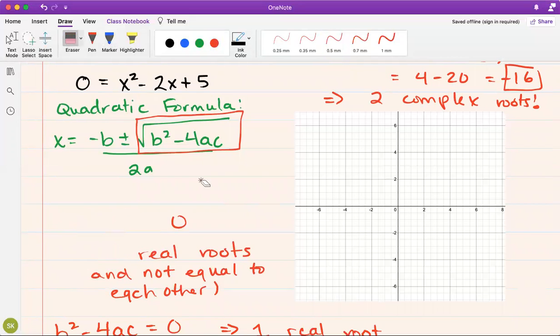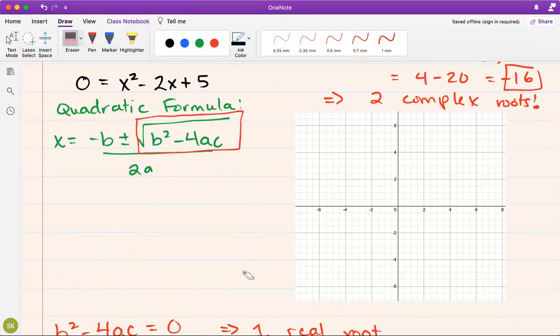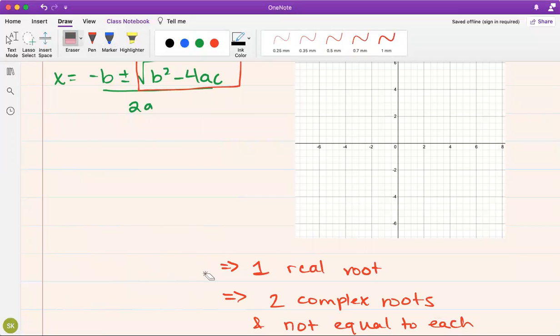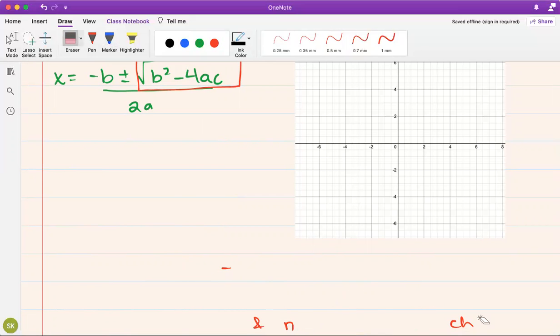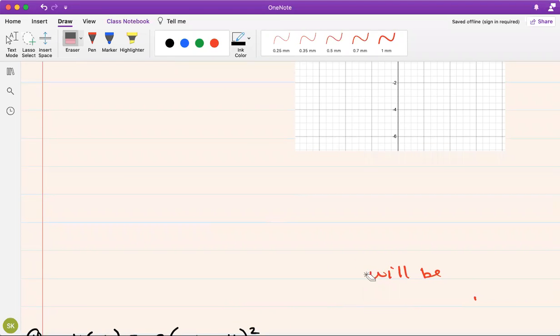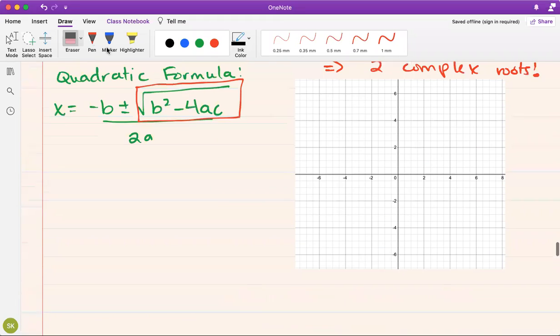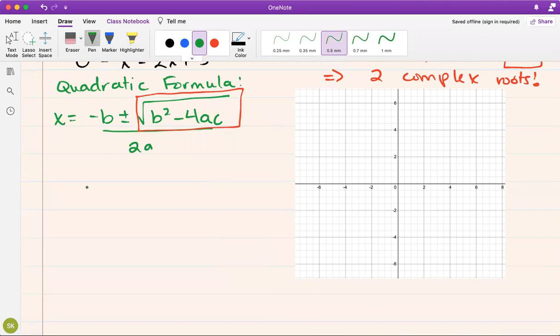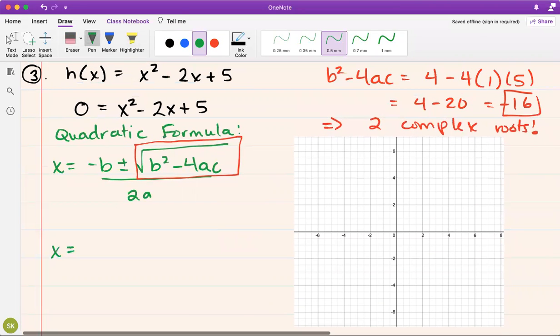Now let's find the roots. Just make some room here. Okay, so our roots are x is equal to negative b plus minus square root. We've already simplified this. This is negative 16 over 2 times a, which a is 1.